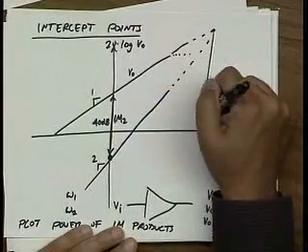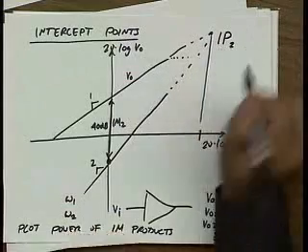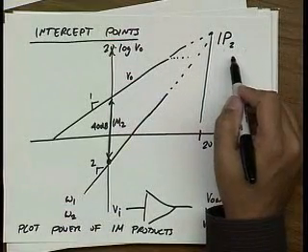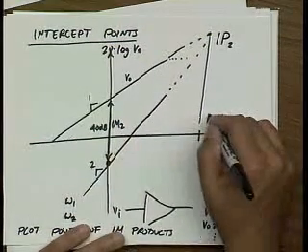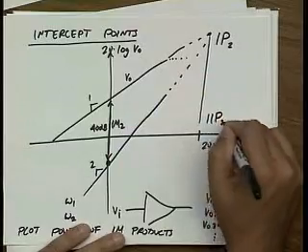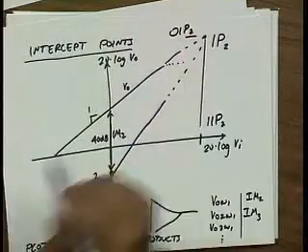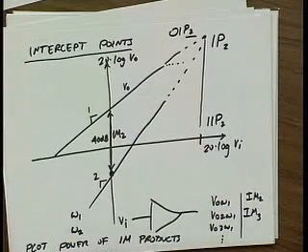I call this point of intersection my IP2 point, intercept point for second order intermodulation. And I call the input power where this occurs input IP2, and I call the output power output IP2. Okay? So this is just a graphical interpretation of what's going on.